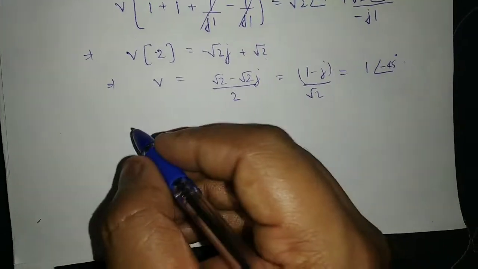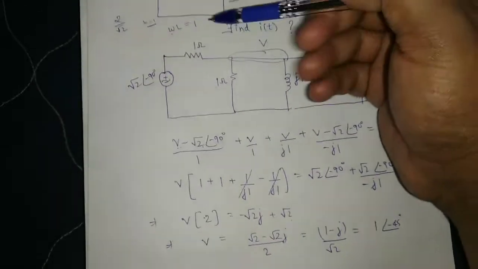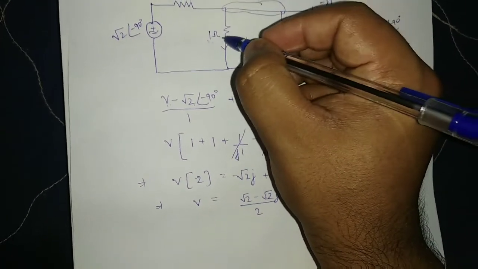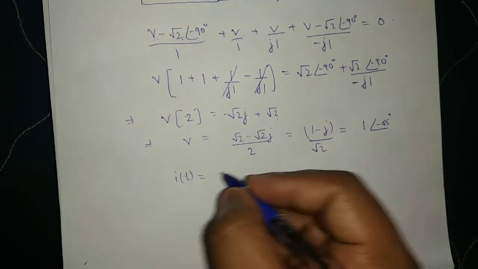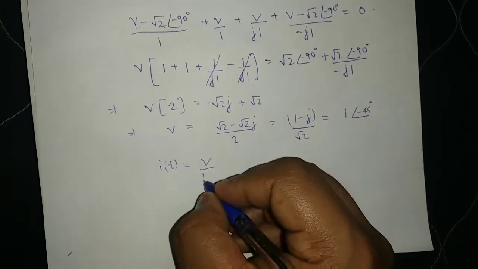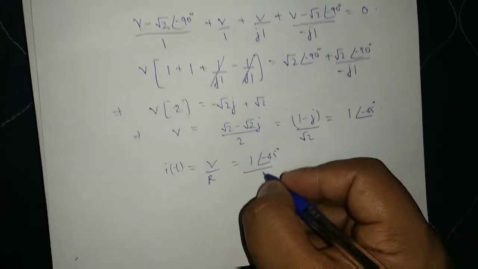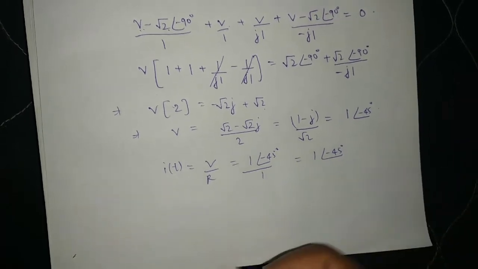So this is V, so we can easily find I of t. I of t is V by this R, so I of t is V by R, so 1 at the angle minus 45 divided by 1, so this is the I of t.